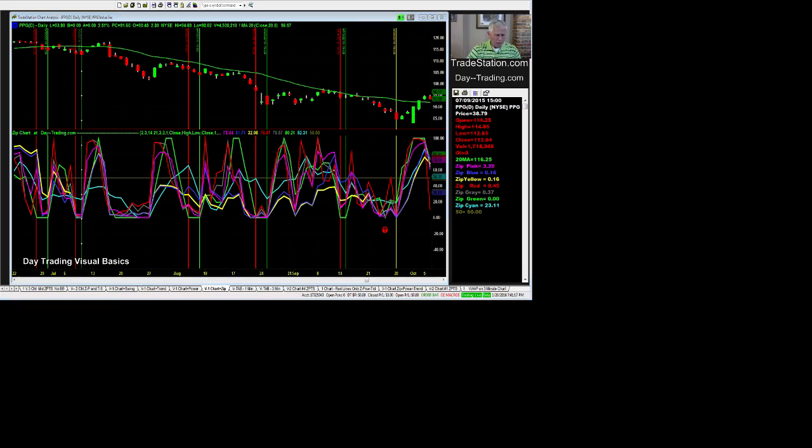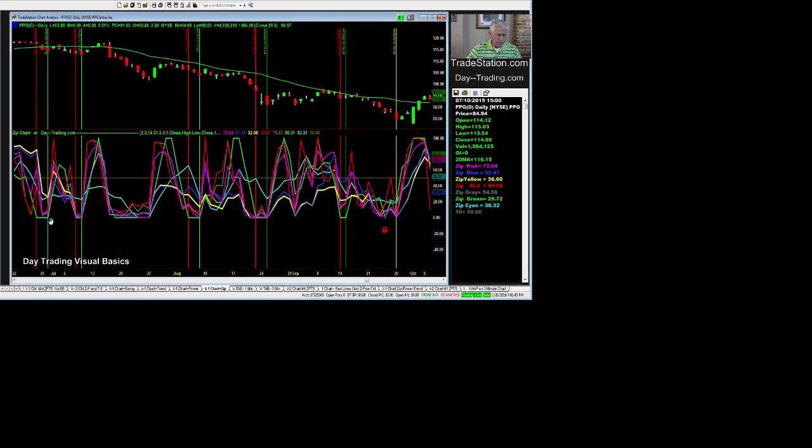And look at what zip red does. Zip red goes from 0.45 on the green vertical line, and the next day after that, zip red is at 94. And usually when it goes way high like that, above 94, 5, 6, 7, then it's in a continuation pattern. So same thing is true over here.